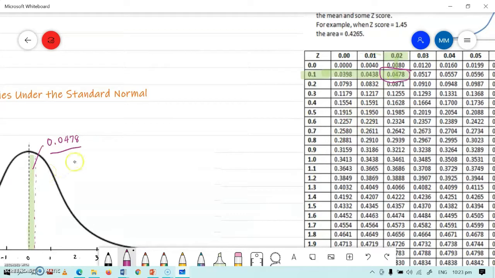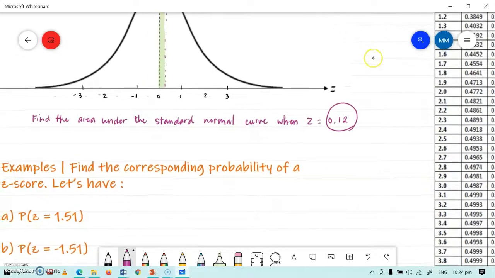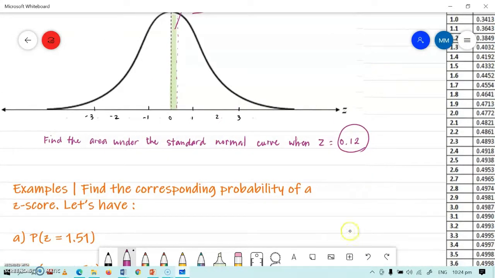Okay? So that's how to illustrate areas under the standard normal curve.